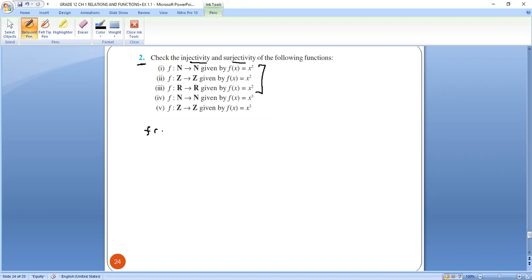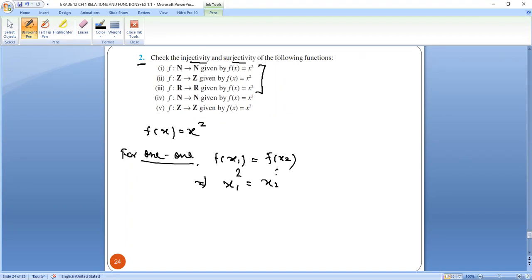So f of x is equals to x square. For 1 1, right, again we will be proving f of x1 is equals to f of x2, implies x1 square is equals to x2 square, implies x1 is equals to x2.